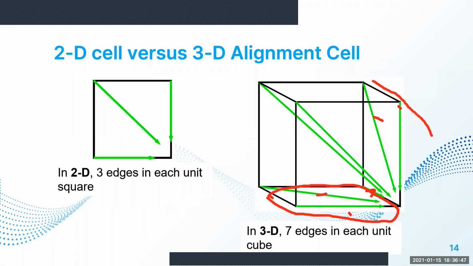So this is another plane, and then this is another plane. So you have 7 edges to each unit. Are you clear on this point?